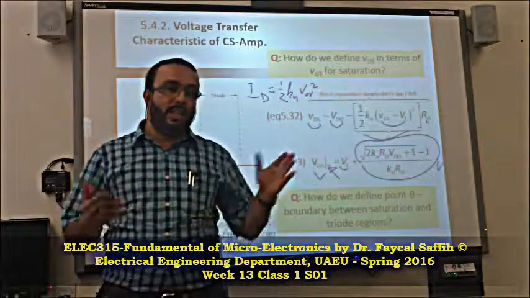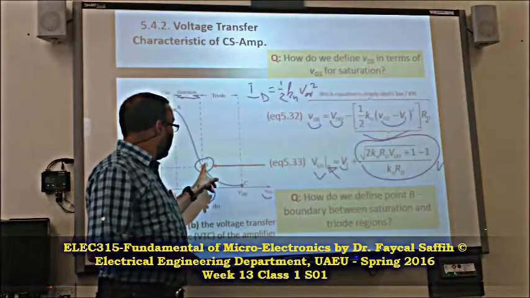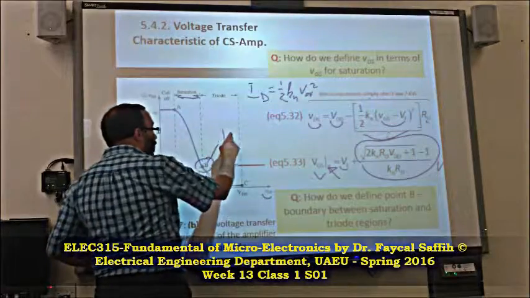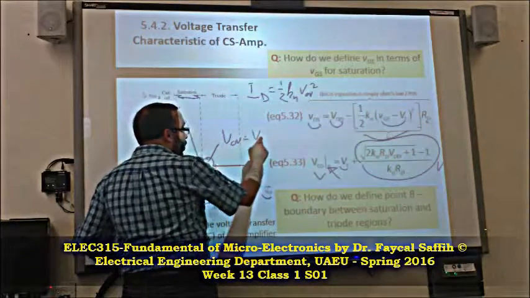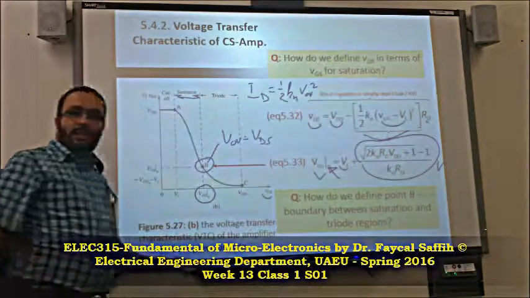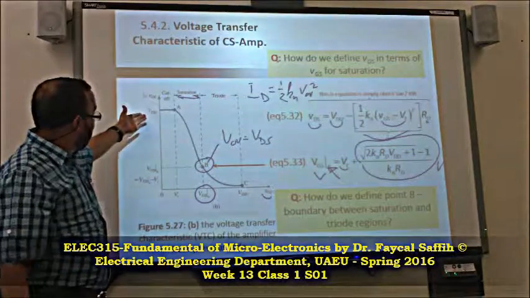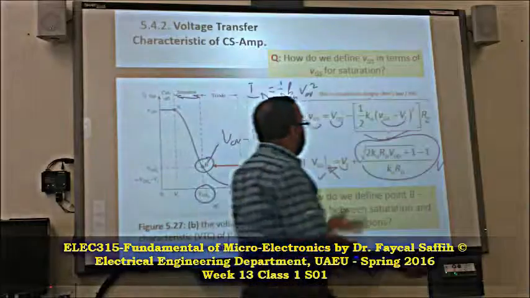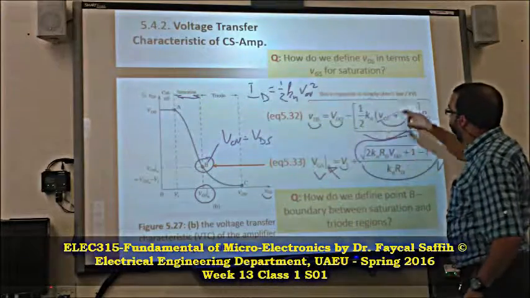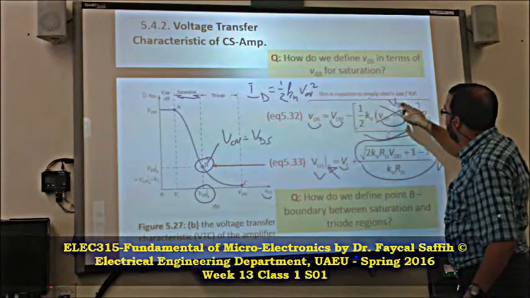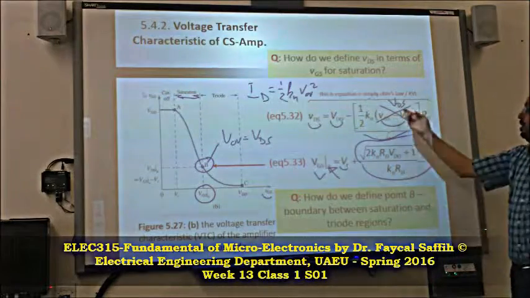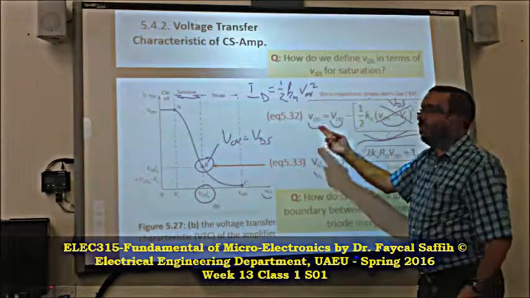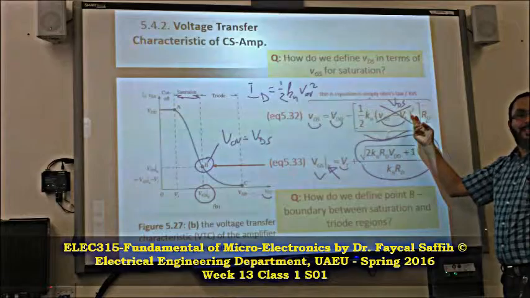In the triode, in this boundary, what's the condition here? Is that the overdrive is equal to VDS, yes or no? This is VDS. Class, that's it. This is the overdrive. So I have to take this and put it as VDS. This is VDS, and this is VDS squared.